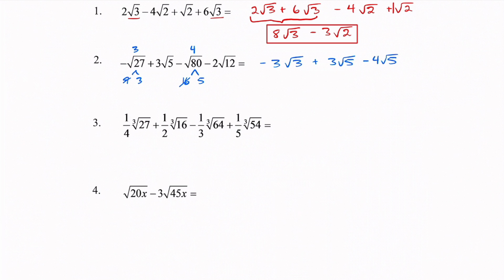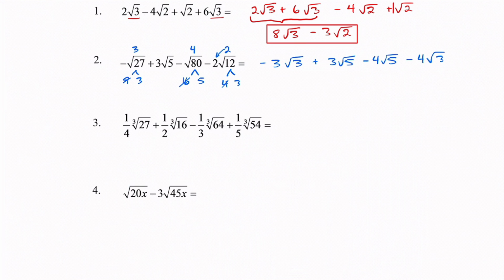And then the last one, 12, I can break that down into 4 times 3. And then the square root of 4 is a 2. And then remember, we got to multiply, so 2 times 2. I'm going to have minus 2 times 2 is 4. And then the 3, that was this 3 here, is going to be just stuck inside the radical still.